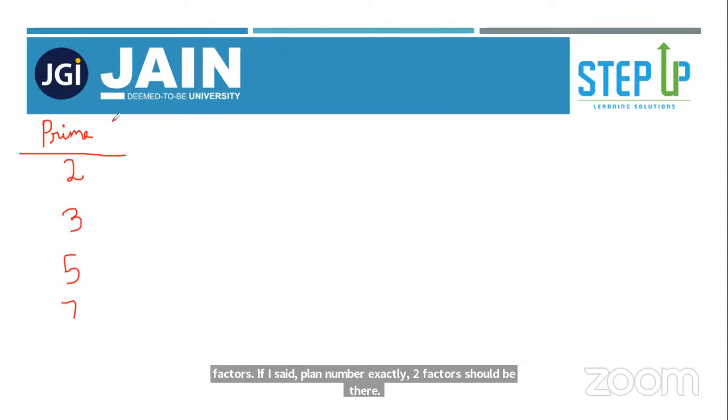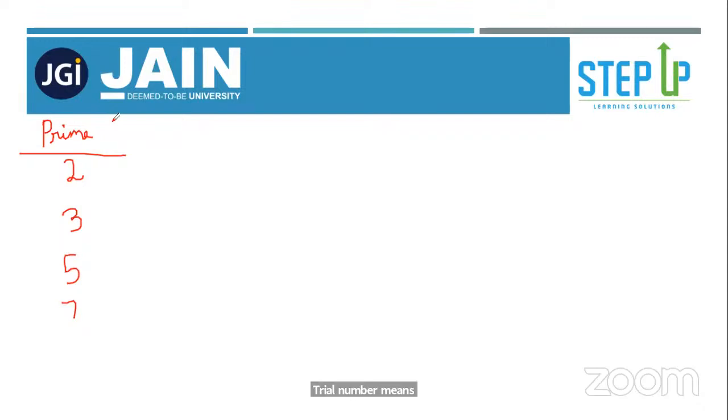Prime number means exactly 2 factors, but 1 has only 1 factor. Yes, okay.